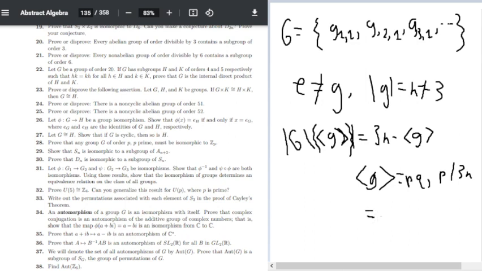So we have it is equal to 3n minus PQ. Actually, I don't know how I want to phrase this. So 3n minus the order of G.